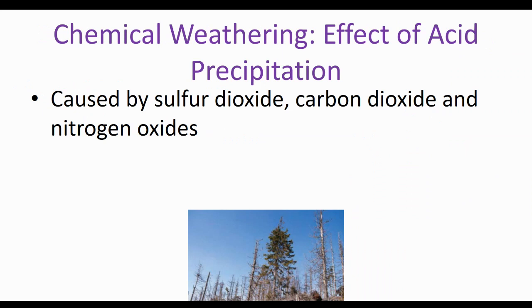Acid precipitation, of course, as everyone knows, is going to have a huge effect also on chemical weathering. So acid precipitation is caused by gases, sulfur dioxide, carbon dioxide, and nitrogen oxides.